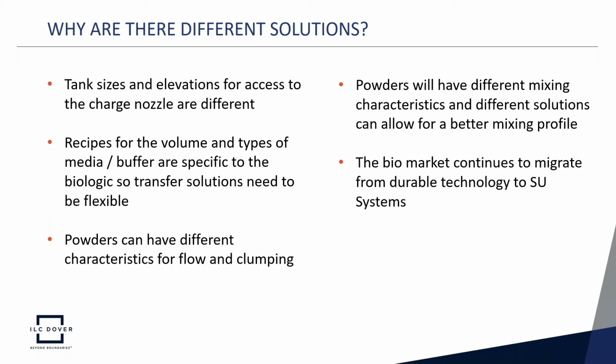Powders will have different mixing characteristics, and so again, we're looking for ways to improve the mixing profile during the solution. And finally, we recognize the biopharmaceutical market continues to migrate from durable stainless steel technology to single-use systems. And so we will focus 2 of the 3 solutions on single-use products.